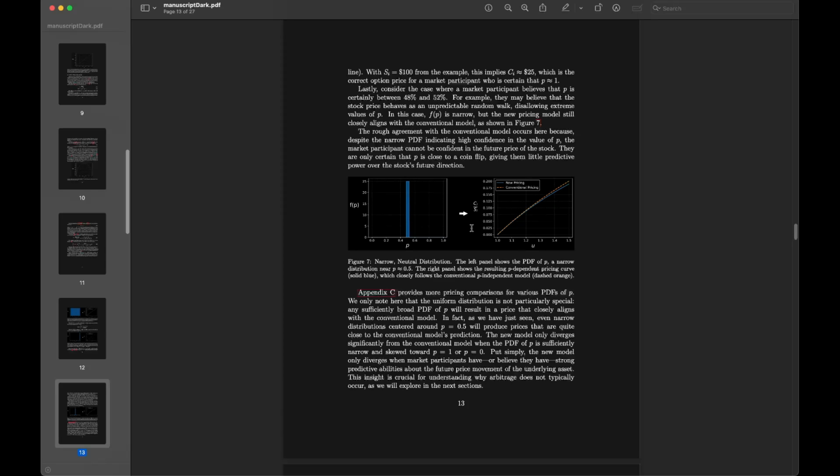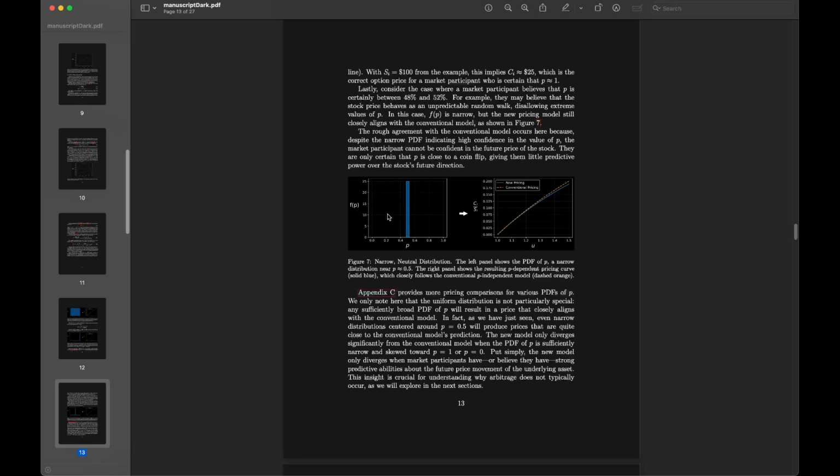So the lack of predictive power there means that the new model that I've come up with converges essentially to the old model. There's a little bit of deviation because you are cutting out some of the payoff. A call option doesn't have much downside because its payoff is a flat line, and then it goes up linearly after you cross the strike price. So when you create a narrow distribution like this, you're cutting off the downside and the upside.